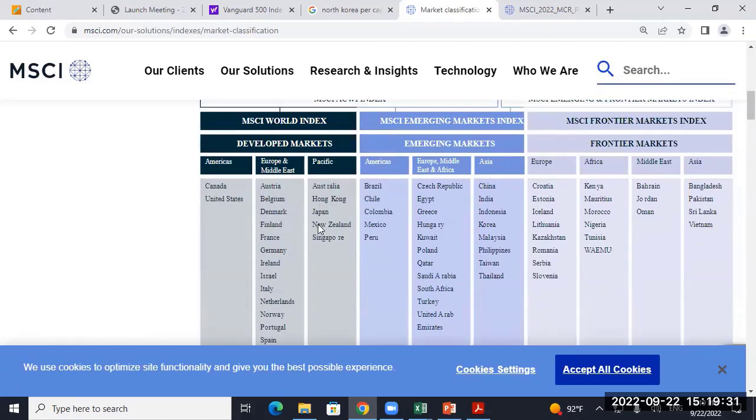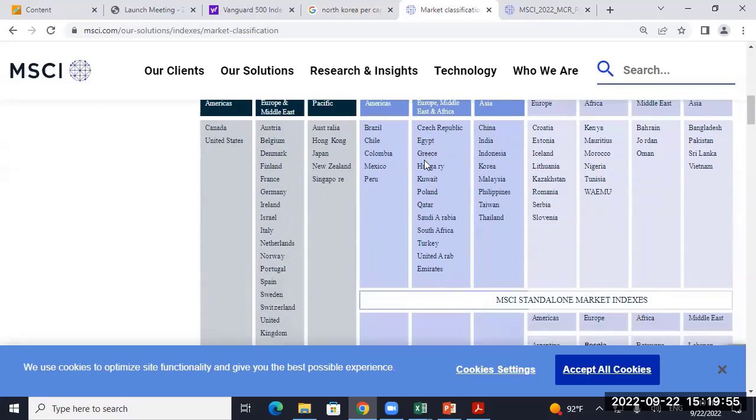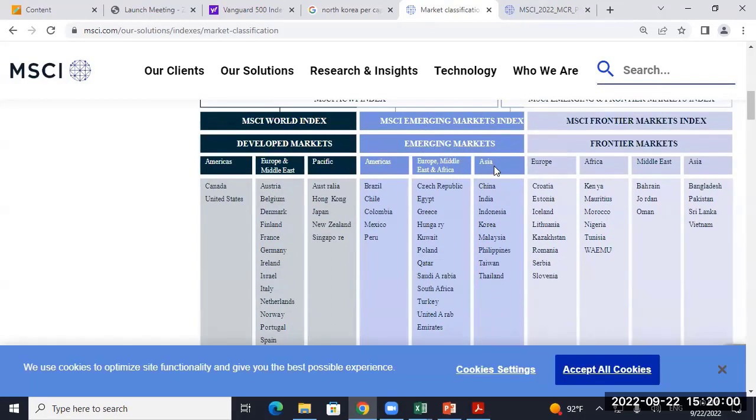Pacific, Australia, Hong Kong, Japan. It's interesting, Hong Kong's in there. New Zealand, see, Singapore is in there. Emerging, there are some in America, but there's a lot of countries missing in emerging. Look at frontier markets. Boy, they don't even list any in the Americas over there. So Brazil, Chile, Colombia, Mexico, and Peru. You can see a lot of Eastern Europe when it comes to Europe, and in Asia, China is an emerging market.